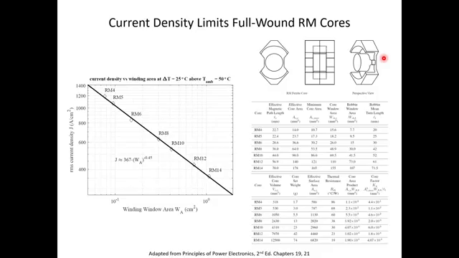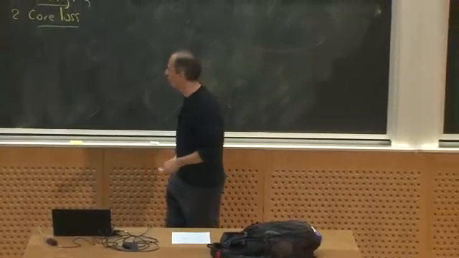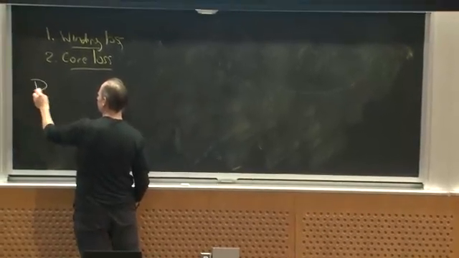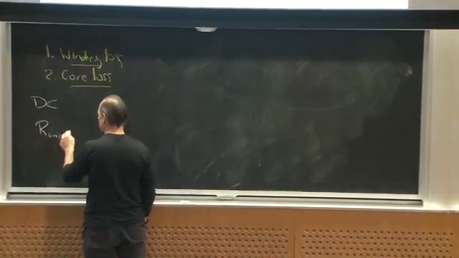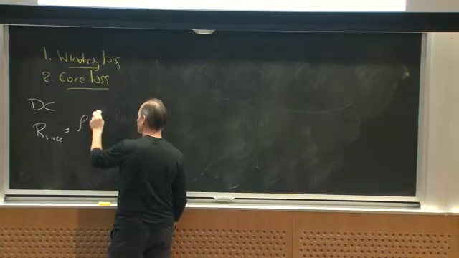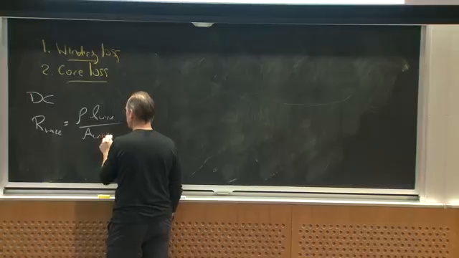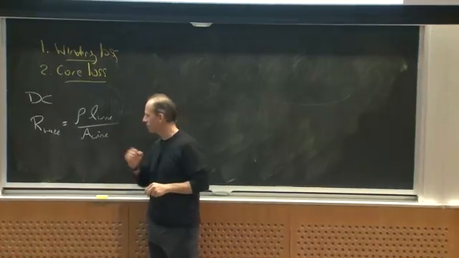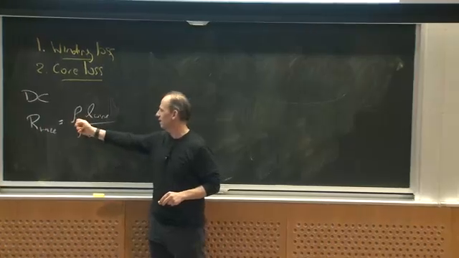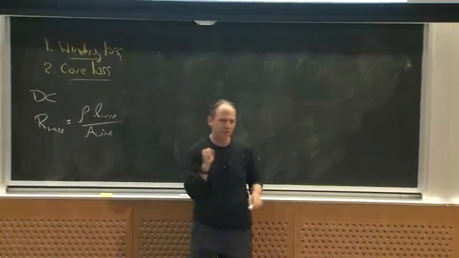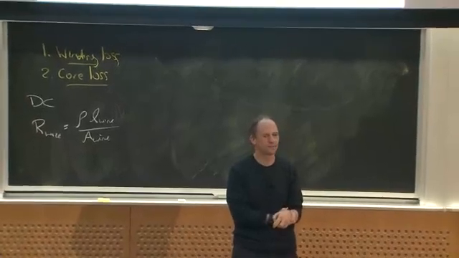So if you're going to have an inductor, you're going to wind it with some length of wire. So what's the DC resistance? The resistance of the wire is simply going to be rho times the length of the wire divided by the area of the wire. So you would often pick your wire gauge to give you a certain area. You'll have some length, you wind it up, and resistivity times length over area is your wire resistance.